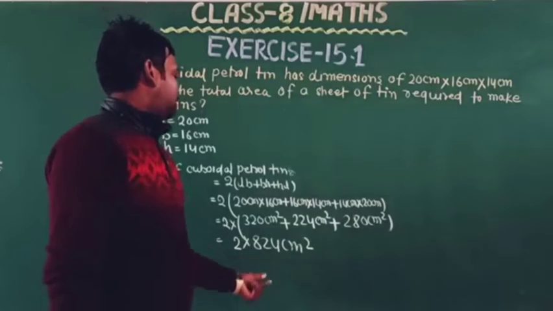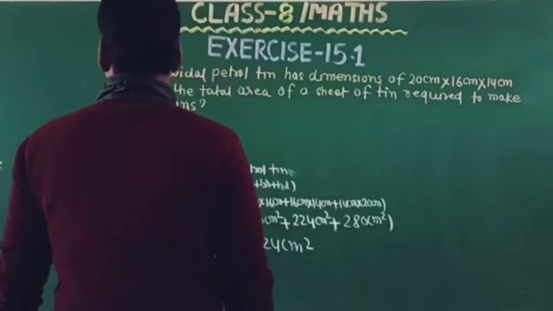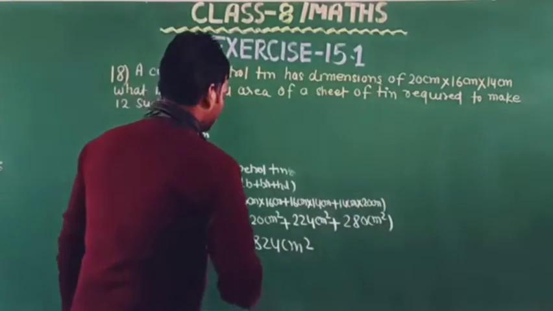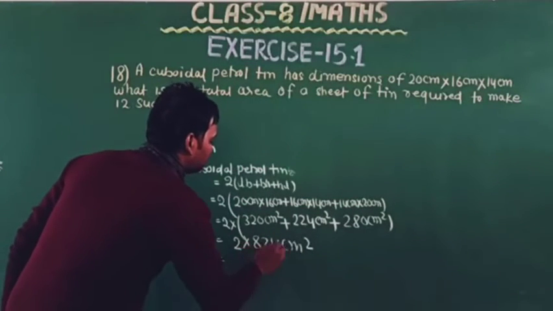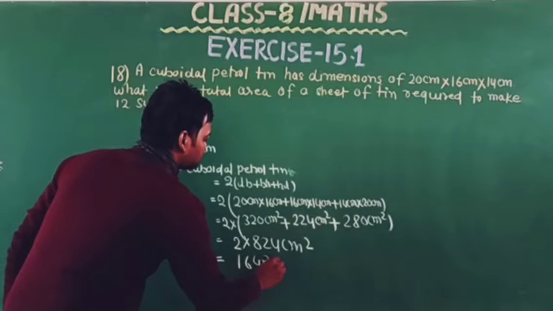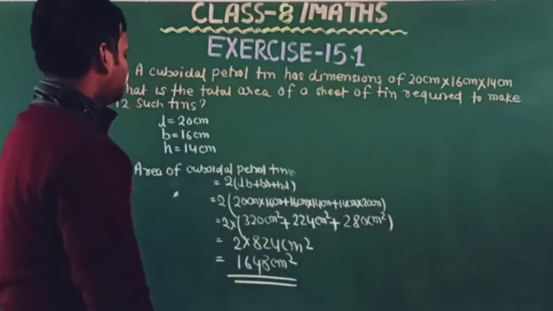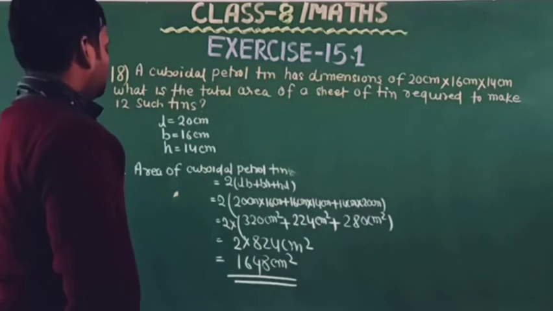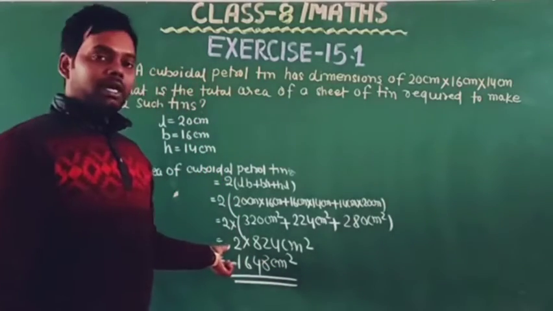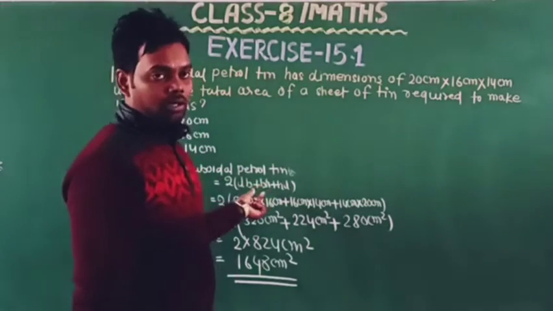Then 2 into 824 centimeter square is 1648 centimeter square. This is the total area of tin used in one petrol tin.